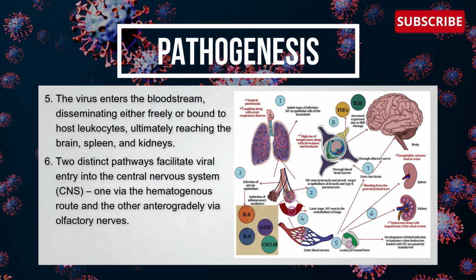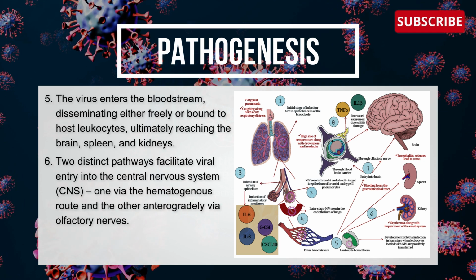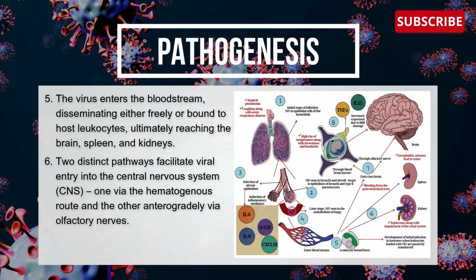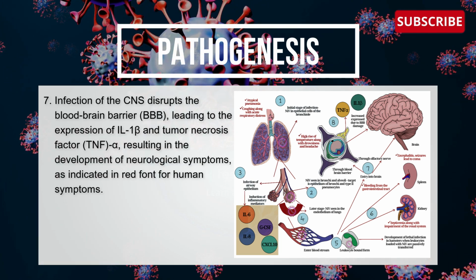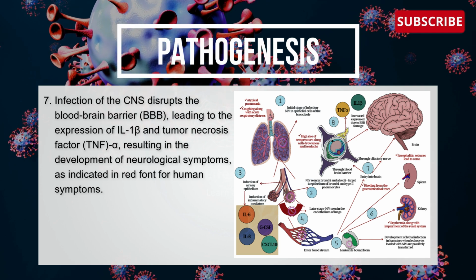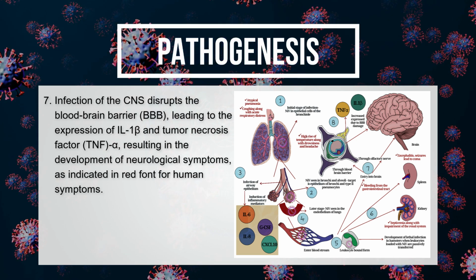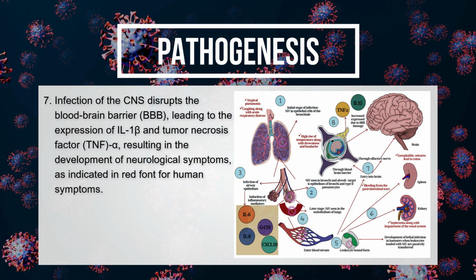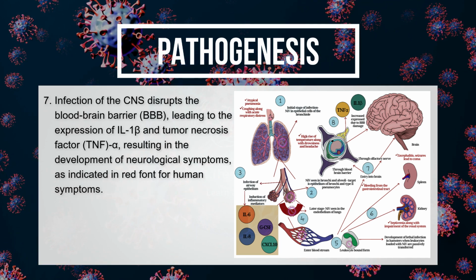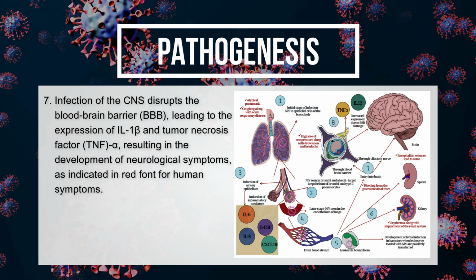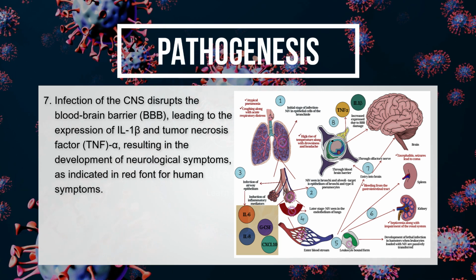One is the hematogenous route and the other is retrograde along the olfactory nerves. Infection of the central nervous system disrupts the blood-brain barrier, leading to the expression of interleukin-1 beta and tumor necrosis factor alpha, resulting in the development of neurological symptoms as indicated in red font for human symptoms.